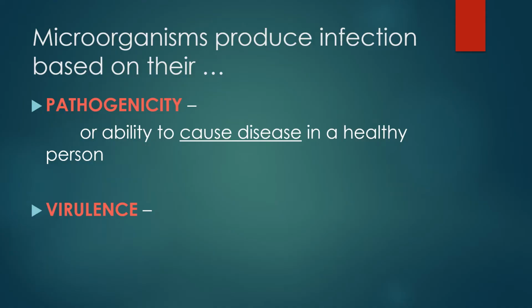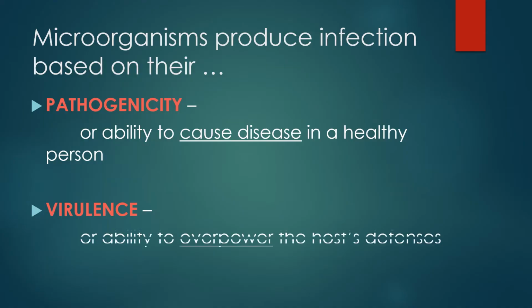When we look at virulence, on the other hand, it's the ability of that microbe to overcome or overpower the host defenses. Remember, like I mentioned before, once a microbe invades a human body, our immune response or defenses are going to be activated to try to overcome that microbe.